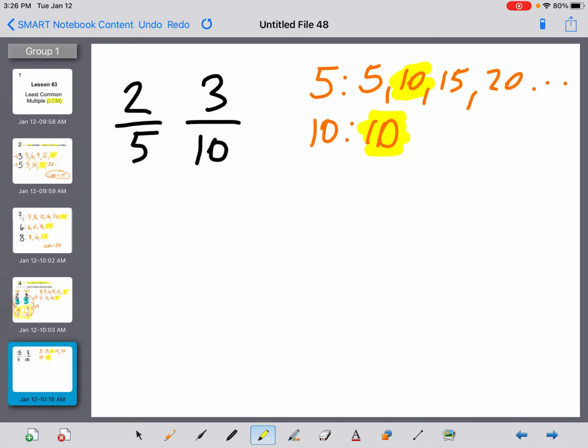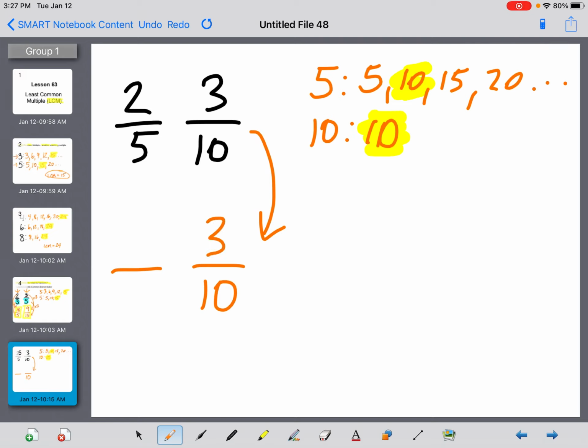So actually in this example, when you make this into a fraction with a common denominator, you don't even have to change the 3/10 because the least common multiple or the lowest common denominator is going to be 10 already.